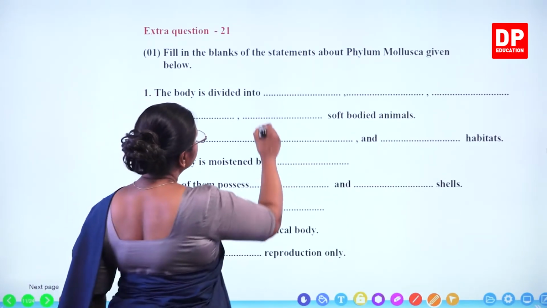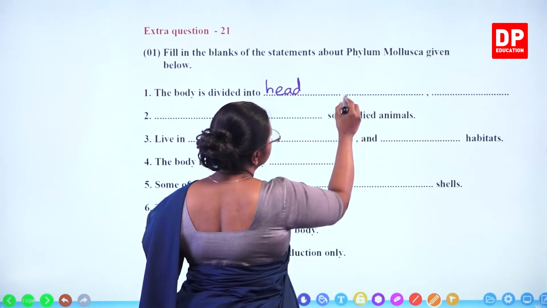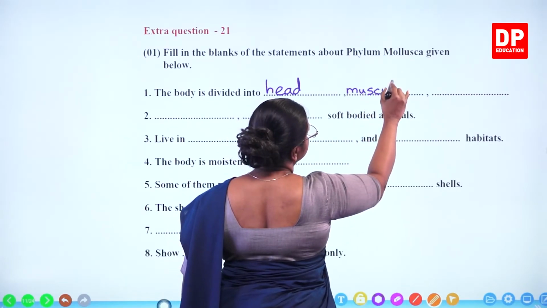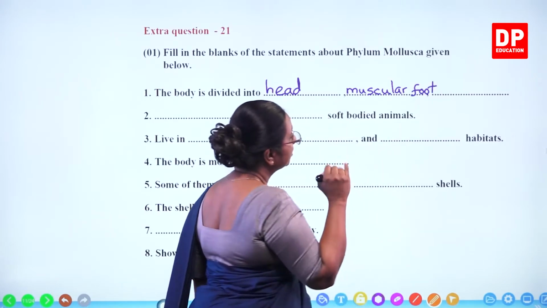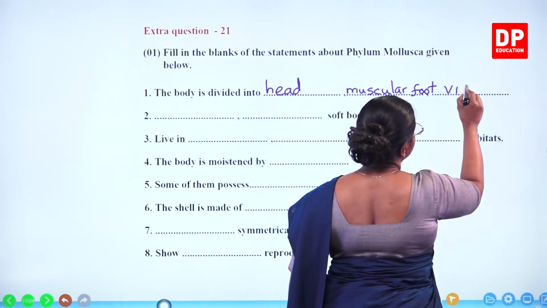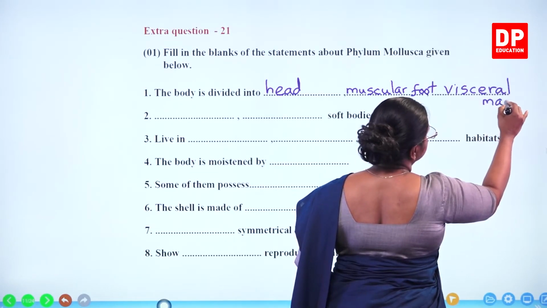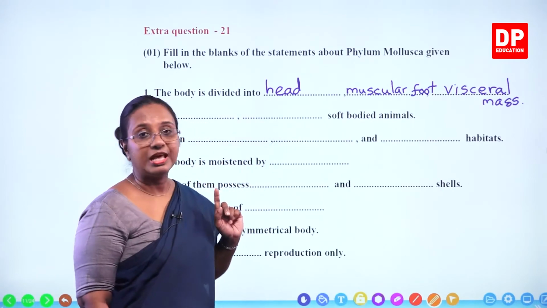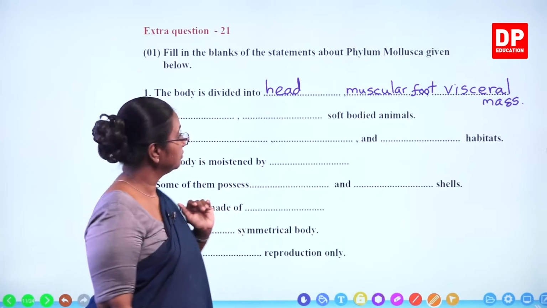So they have a head, a muscular foot, only one foot, and visceral mass. So they have a head, muscular foot, and visceral mass, or you can say head, visceral mass, and muscular foot.